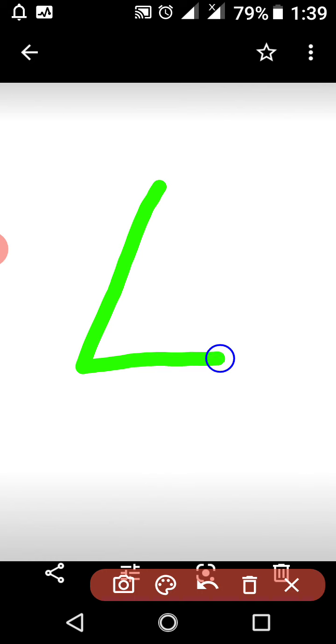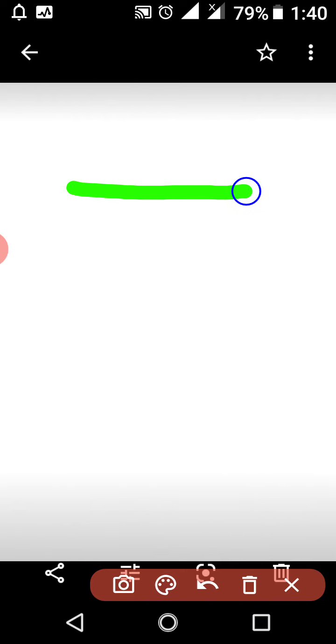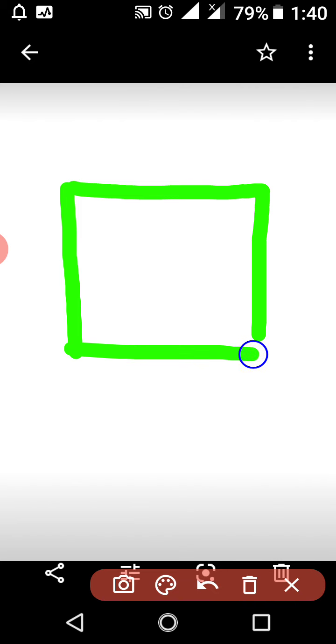This is a polygon, which is bounded by line segments only. It is a closed figure and bounded by line segments. So this is a polygon. This is also a polygon which is bounded by line segments.